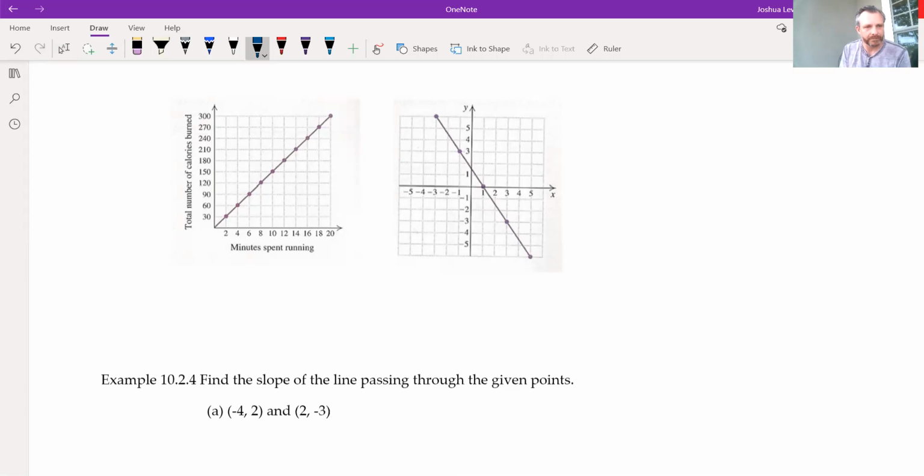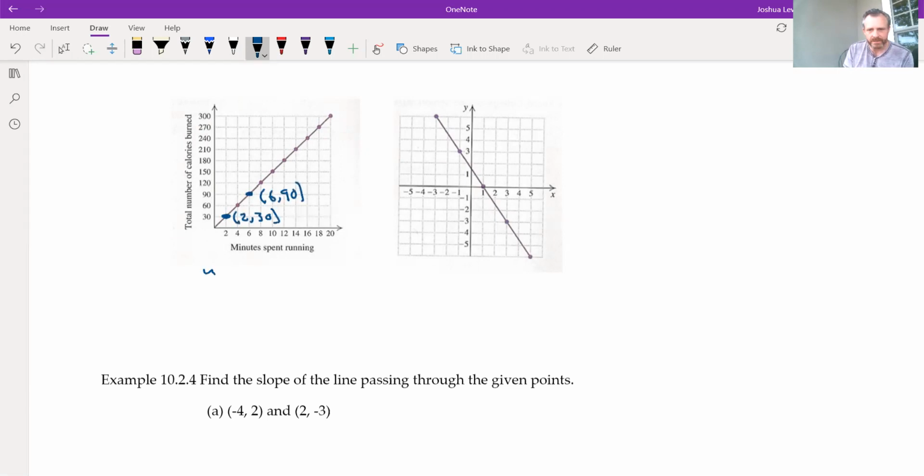So here, in this first one, I've got a line, and I've got lots of points. Notice there are units here, right? This has some context to it. So let's pick a couple points. I'm going to pick this point and this point. This point here is (2, 30), and this point is (6, 90).